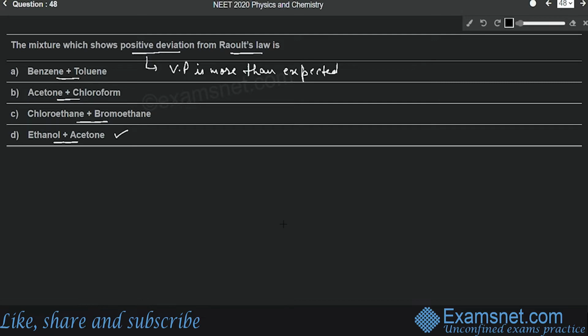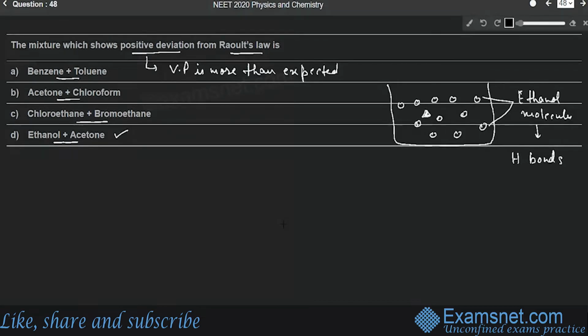Now, how does this happen? Suppose we have a container and it consists of ethanol, and these are the ethanol molecules. And we know that the ethanol molecules consist of hydrogen bonds. So these are hydrogen bonded. Now when acetone is added in it, some of the acetone molecules get in between the ethanol molecules. So this triangle shaped are acetone molecules.